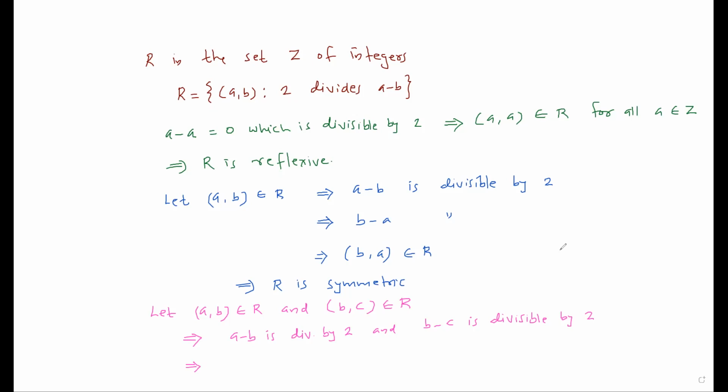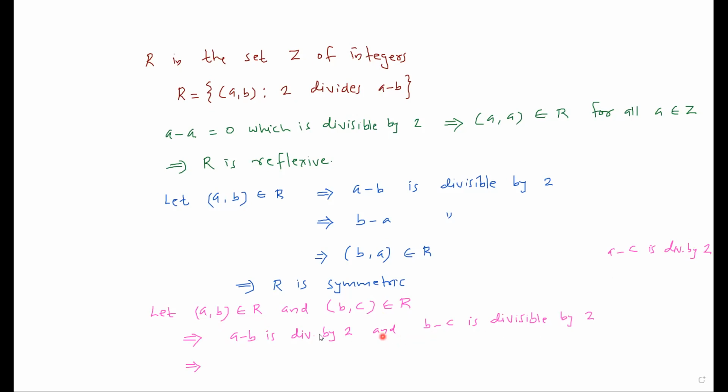We have to prove that the relation is transitive. So for a transitive relation, a related to b and b related to c, then a should be related to c. a related to c means a minus c should be divisible by 2. So this is the given thing we got from the given information.